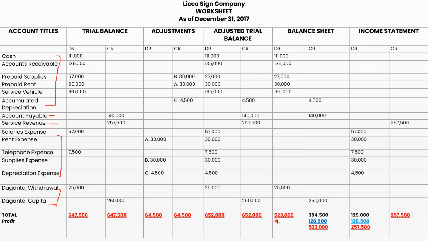So, paano yan siya? 523 minus 394,500 equals 128,500. And then, yung 394,500 na balance plus the profit of 128,500 is equal to 523,000 pesos, which is equal na siya sa debit side.